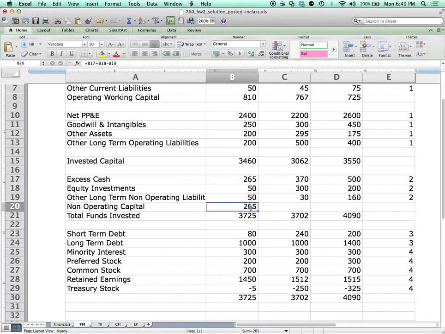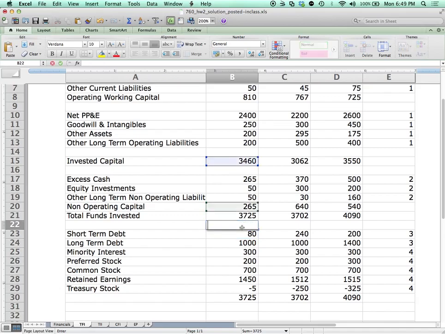That's my non-operating capital. And by the way, if I add my invested capital plus my non-operating capital, I get my TFI. Just illustrating what the TFI was.